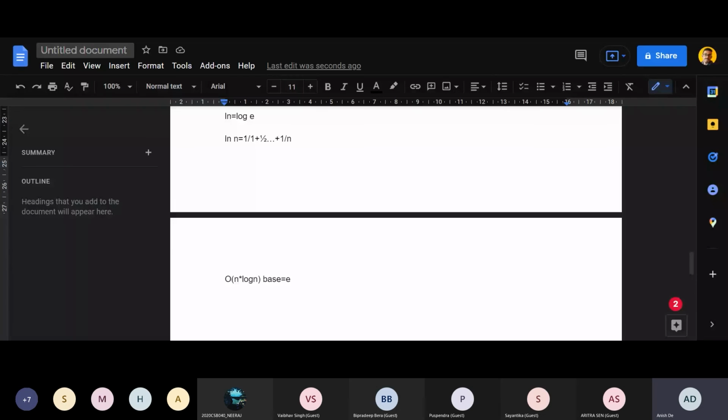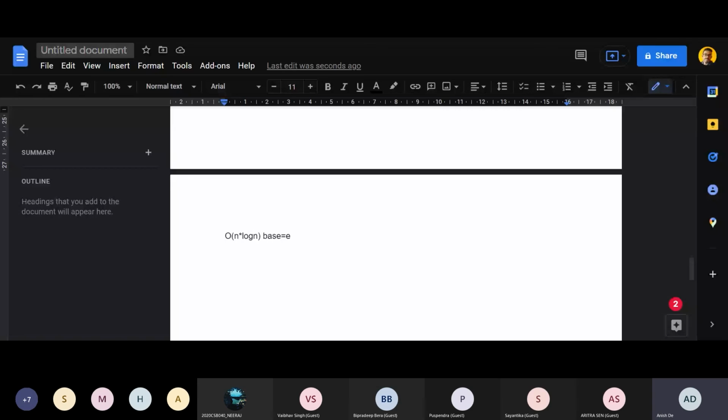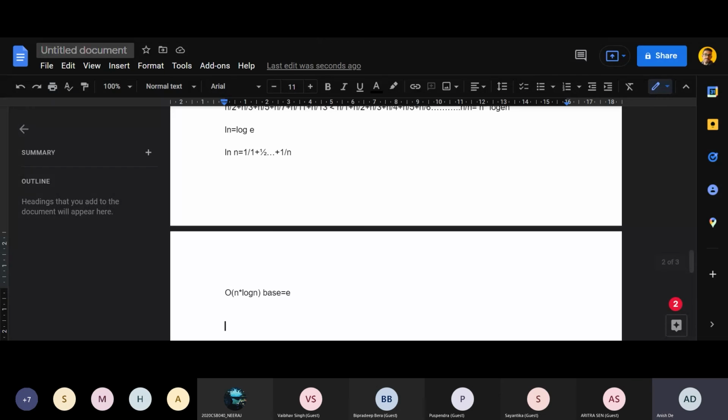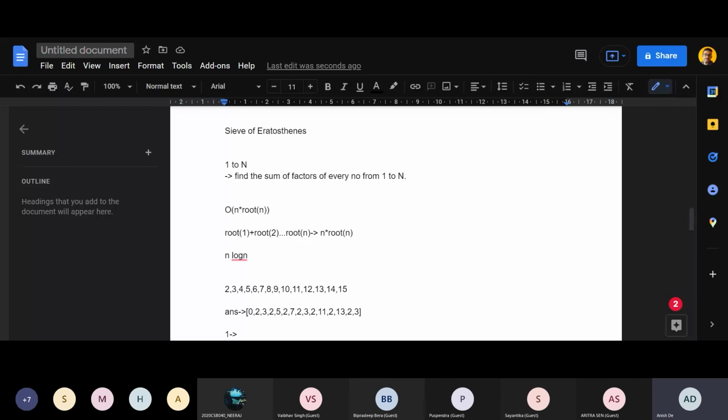Also, there is an advanced Sieve named segmented Sieve. If you wish, you can see that, but I don't think it's necessary. Instead of n log n, segmented Sieve finds things in O of n. Okay, so I think we are done with number theory.